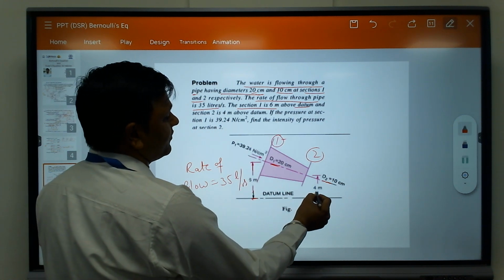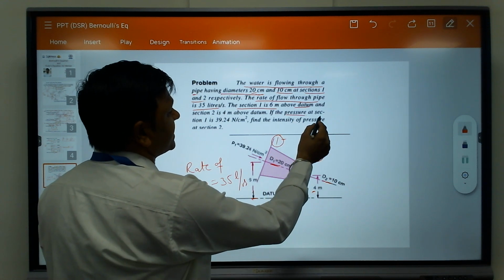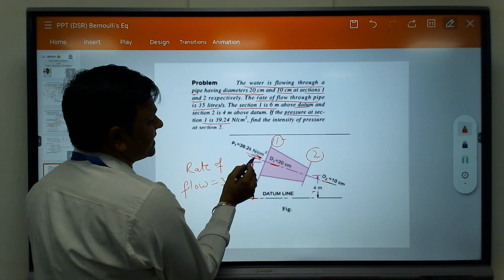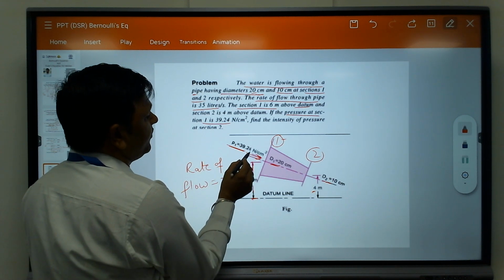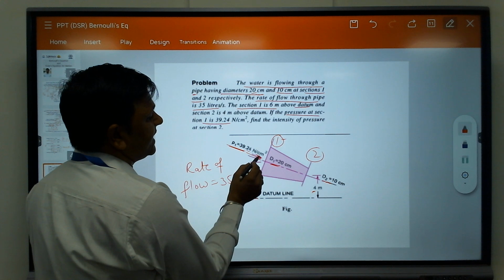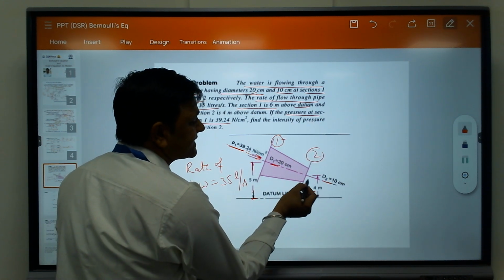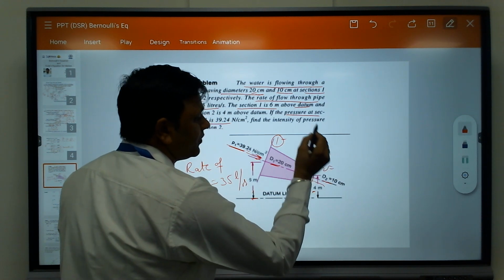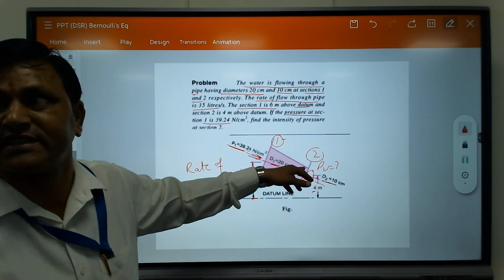Section 2 is 4 meter above the datum line. The pressure at section 1 is given as 39.24 Newton per centimeter square. Then what is the intensity of pressure at section 2, P2? We have to find the intensity of pressure at section 2.